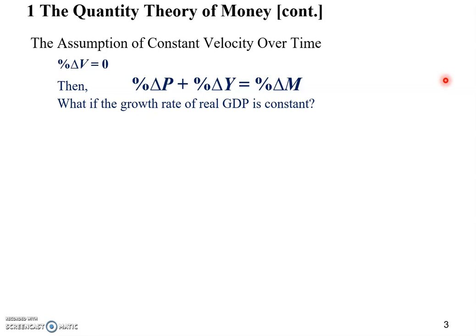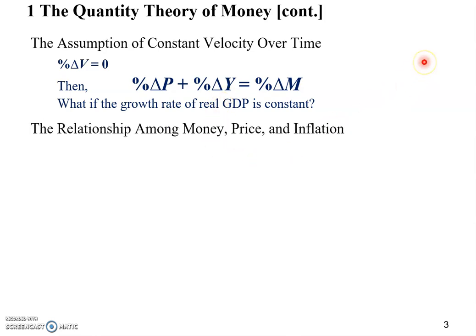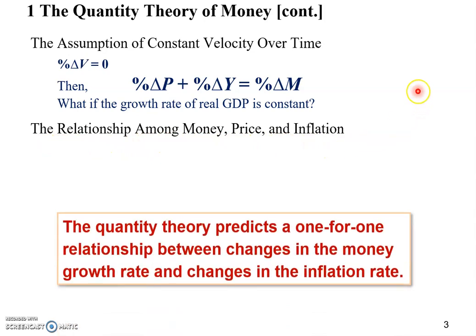Now, if we believe that the percentage change in Y is just that number, again close to a constant, then we're going to get a one-to-one relationship between the percentage change in price and the percentage change in money supply. Okay, and so that's the relationship among money, price, and inflation.